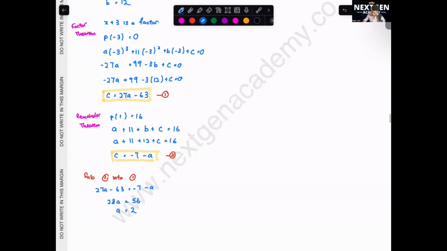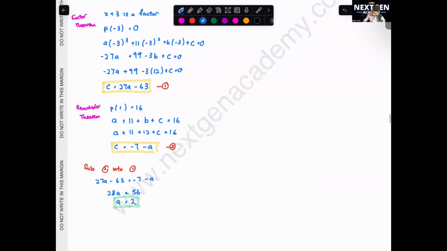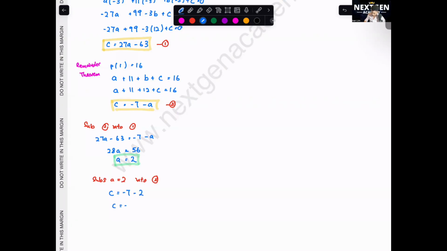Then the last one, you substitute a = 2 into equation 2. c = −7 − 2, so c = −9.